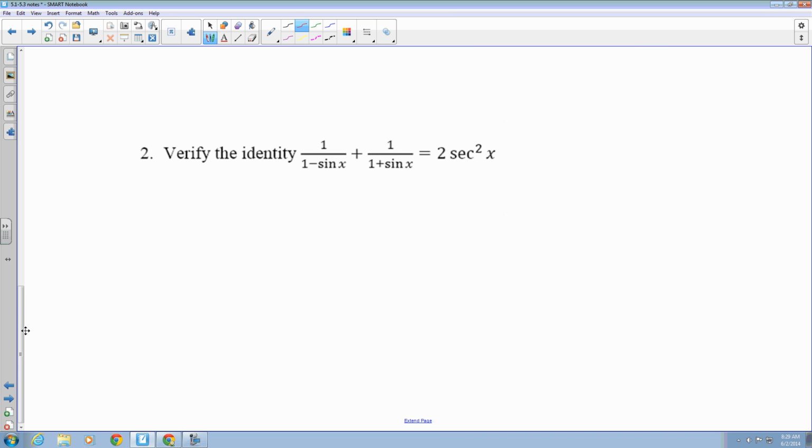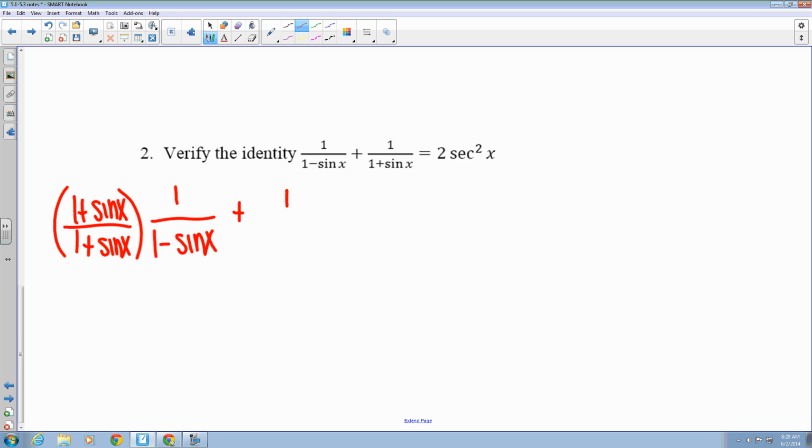Okay, this one we have fractions, so you know what to do. We'll get a common denominator. The 1 minus sine x fraction we multiply by 1 plus sine over 1 plus sine. And 1 over 1 plus sine I multiply by 1 minus sine over 1 minus sine.